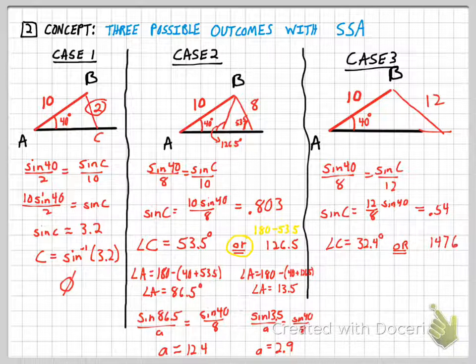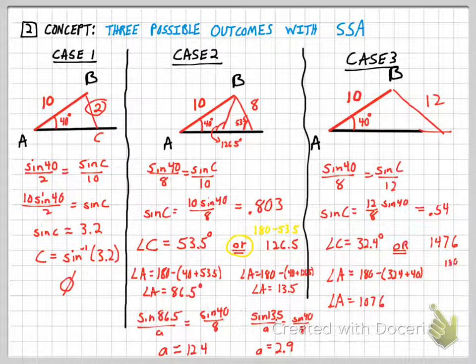Okay, in this scenario, when I move on to my next step, finding angle A, I'm going to do 180 minus the sum of the two other angles, which is 32.4 and 40. And when I do that, I get my angle A, which is 107.6.